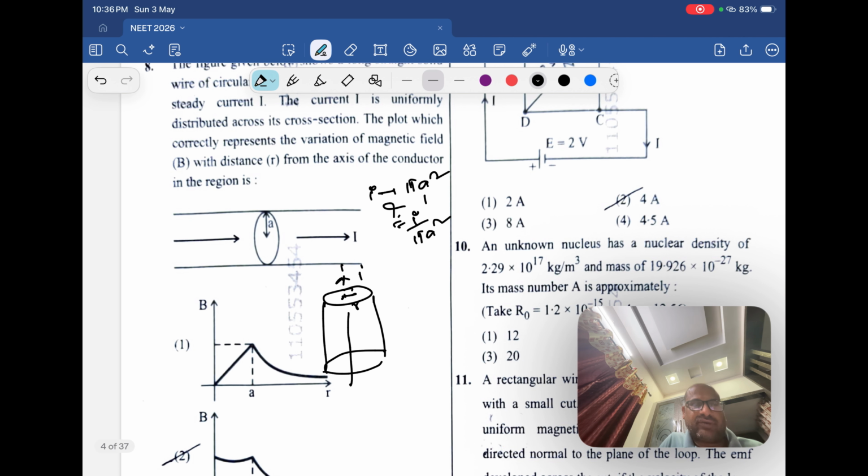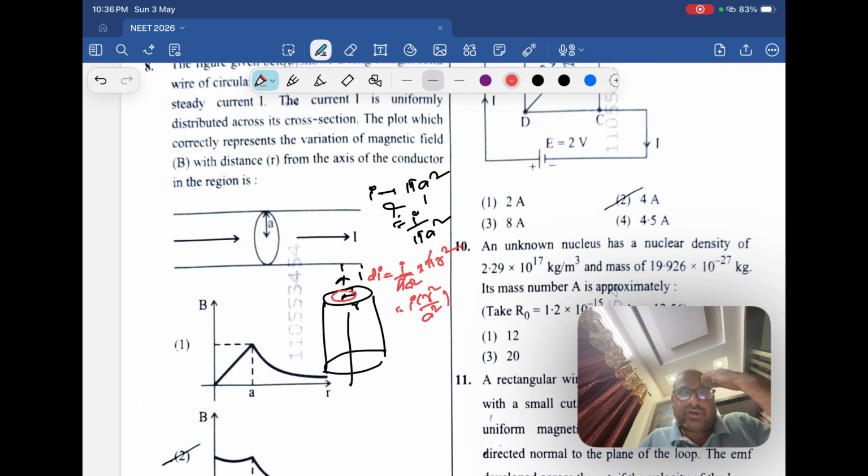So at a particular distance, if you take a circular surface, how much area? This much area, pi r square. So the current in the small pi r square area is di, if you consider current per unit area, I by pi a square, into that area pi r square, okay. So this gets cancelled, so I into r square by a square is the value of current in that particular zone, okay.